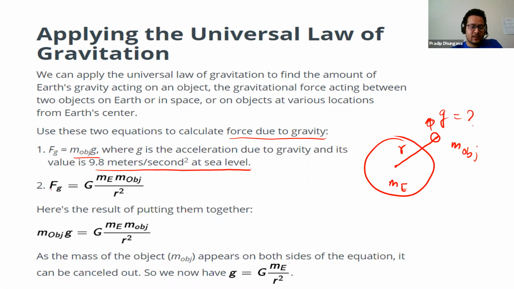From Newton's universal law of gravitation, the force of gravity is capital G times the product of the masses, the mass of the Earth and the object, over r squared. If we put those results together, it becomes the mass of the object times g equals that, and then the mass of the object cancels. We get g, the acceleration of gravity, is capital G times the mass of Earth over r squared.